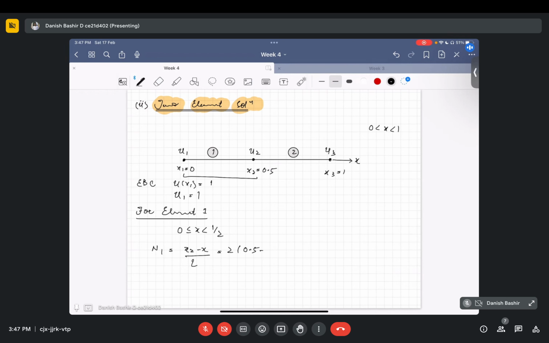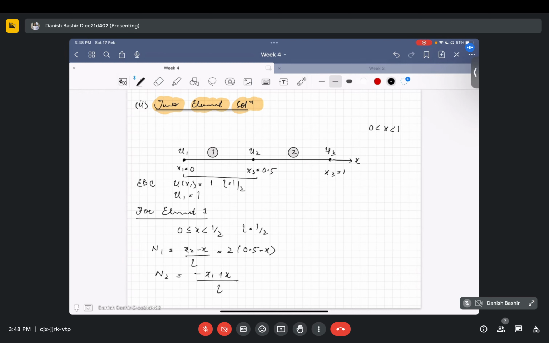You people check this at your place. Similarly n2 will be equal to minus x1 plus x divided by the length of the element. Remember, the length of the element L is equal to 1 by 2.